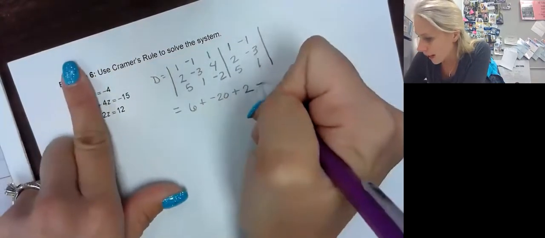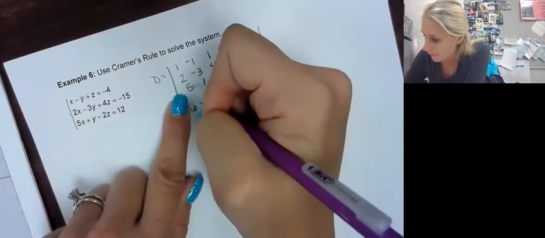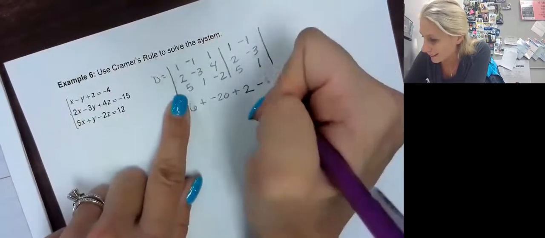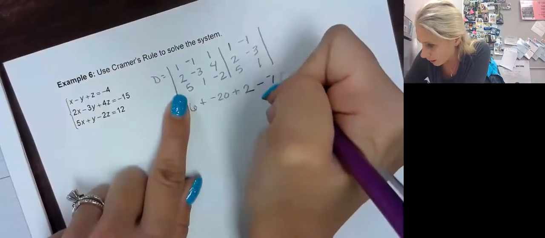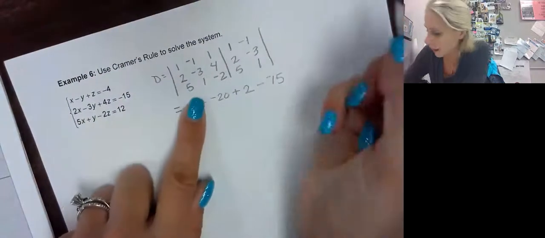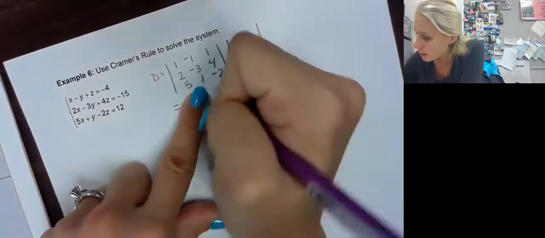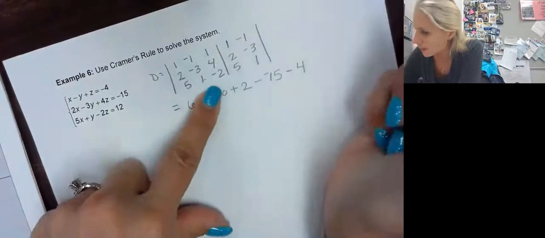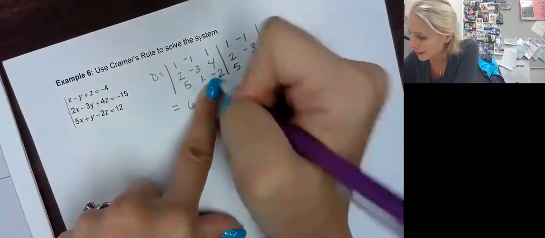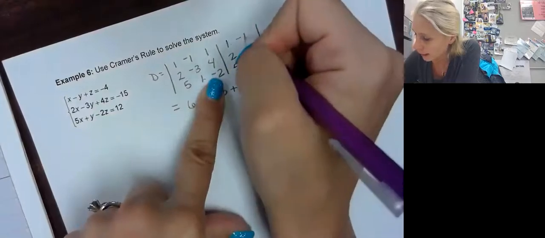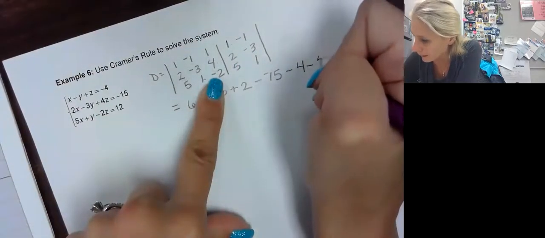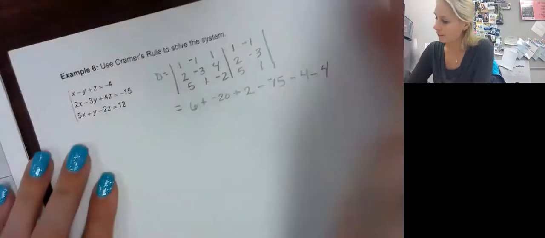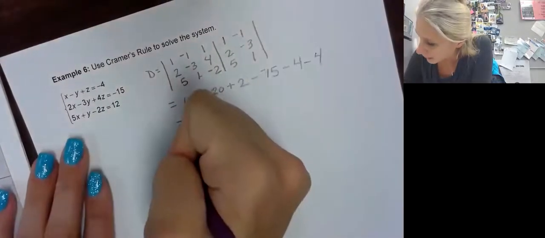Now I'm going to subtract. I'm going to go down and up. 5 times -3 is -15 times 1. Minus 1 times 4 times 1 is 4. Minus -2 times 2 times -1 is a +4. Okay, let's see what happens, guys.